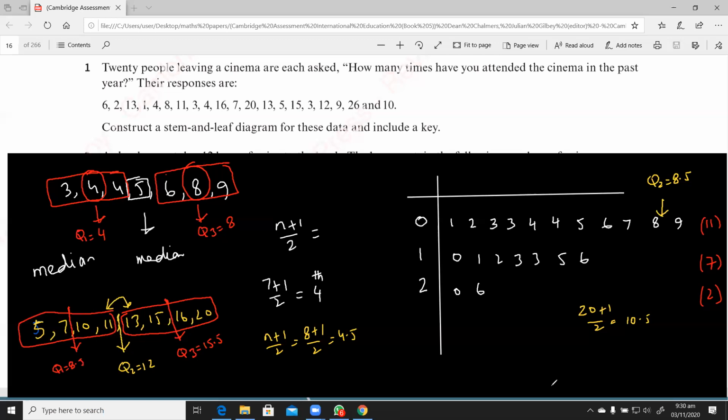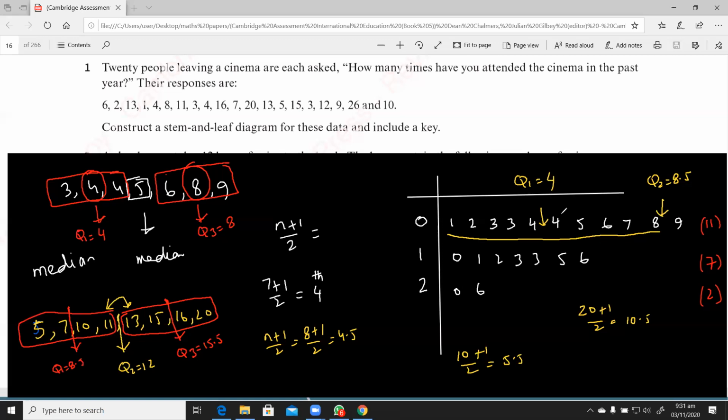Okay. Now, when you find the lower quartile and the upper quartile, you see that there were 20 observations. So we have this set of 10 observations here. So I'll do 10 plus 1 over 2, that is 5.5. This is 1, 2, 3, 4, 5, and so here is your lower quartile, that is going to be 4.